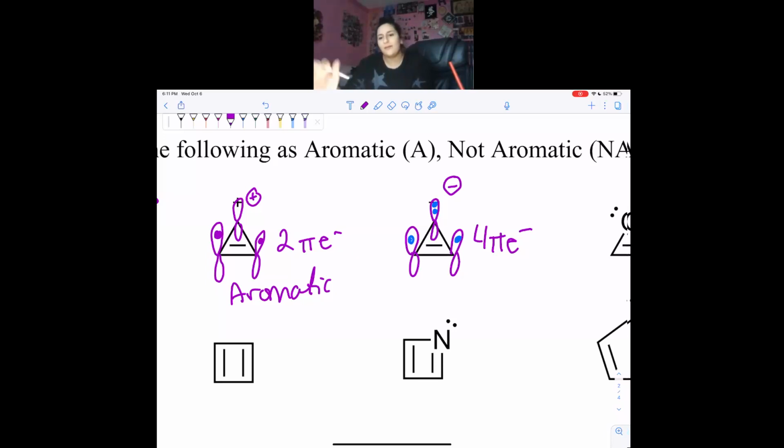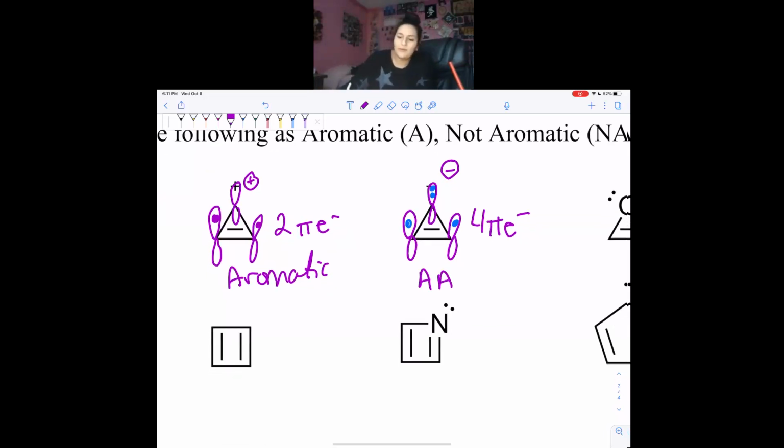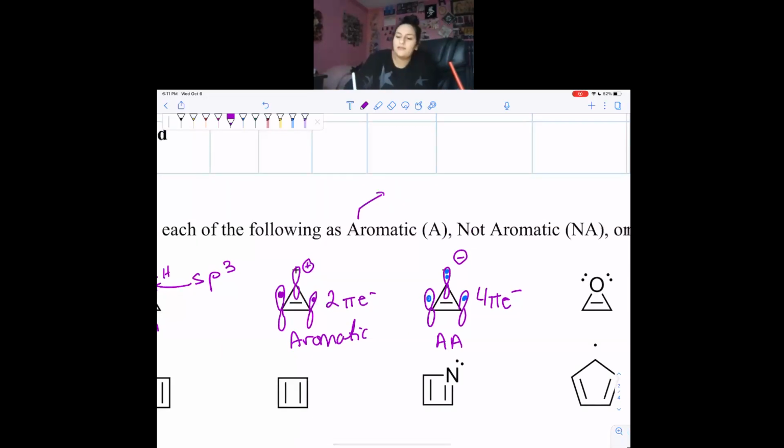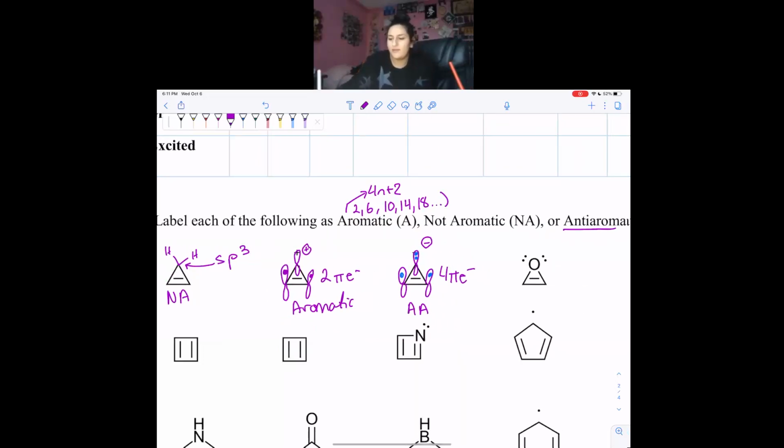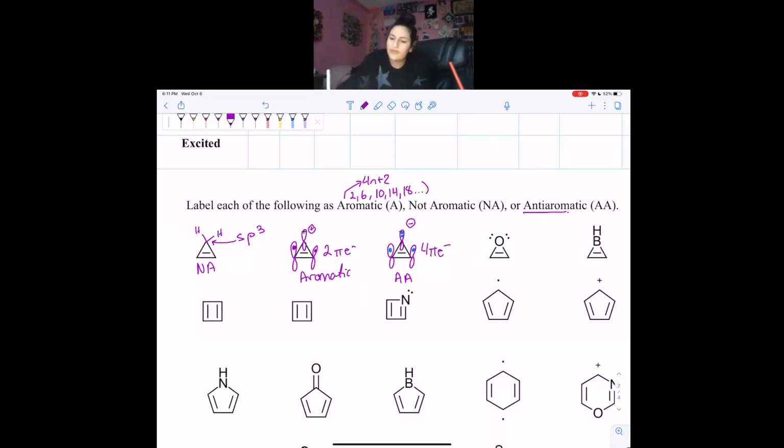Okay, we got 1 vote for aromatic, 1 vote for anti, and I am going to say it's anti, because remember, aromatic is 4n plus 2, so that's going to be 2, 6, 10, 14, 18, etc. And then anti-aromatic is going to be multiples of 4, so it'll be 4n, so 4, 8, 12, 16, etc.